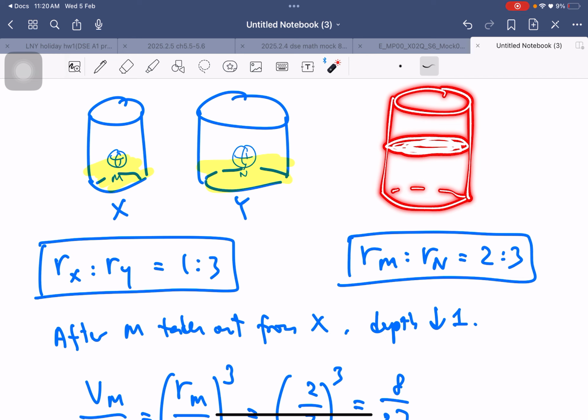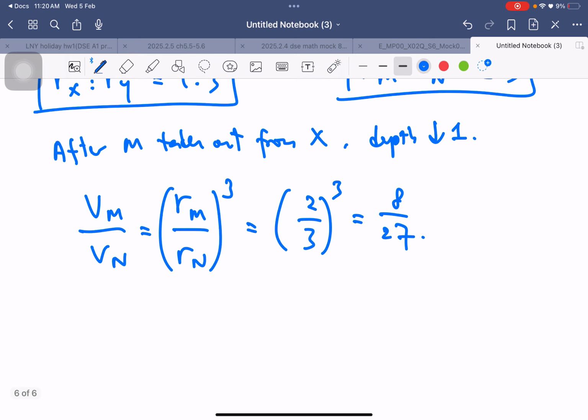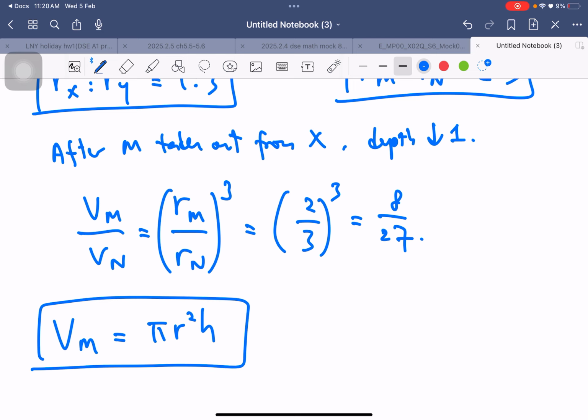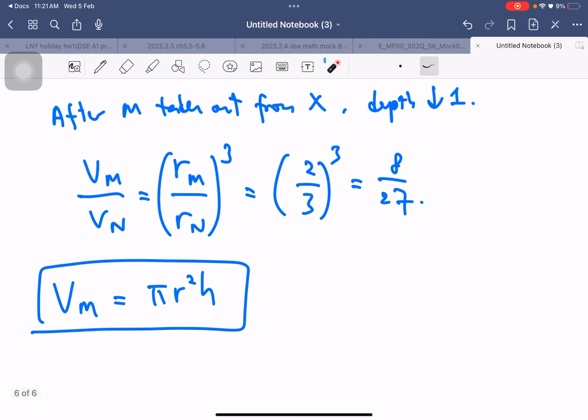After you take out the ball, the water level becomes here. So it's decreased by 1. In between of this is the volume of the ball exactly. So we can say the volume of M is equal to pi r squared h. Do you understand what I'm writing here? The volume of the ball should be equal to the volume of the water being taken out. Is this okay?